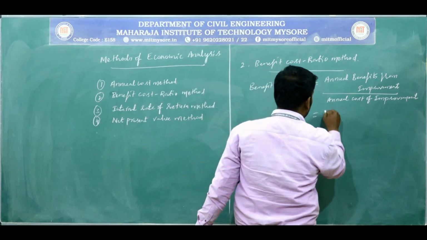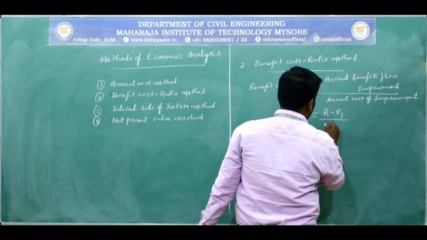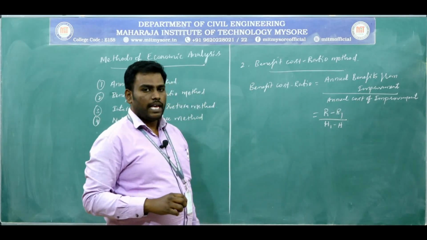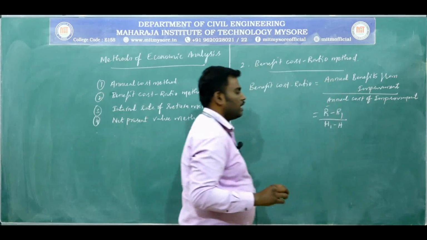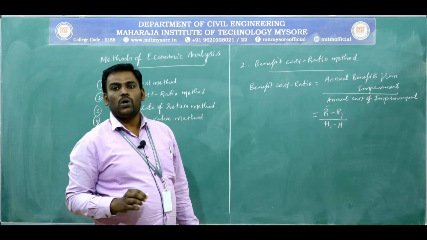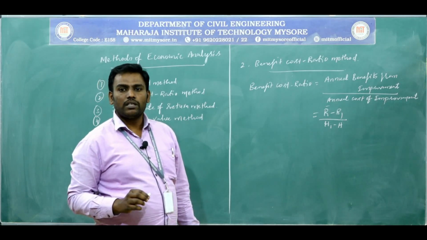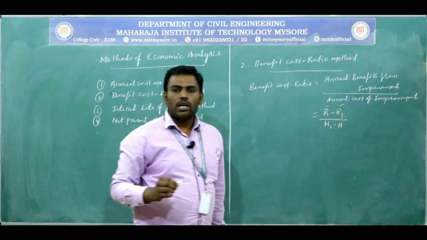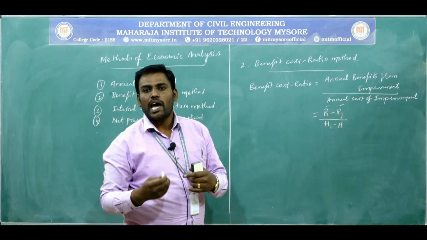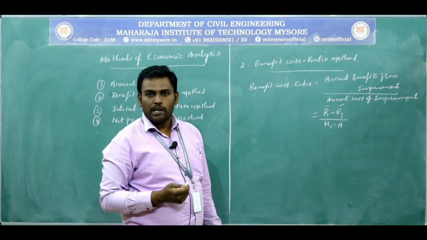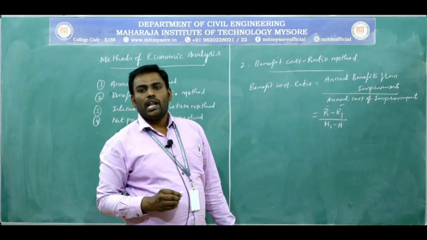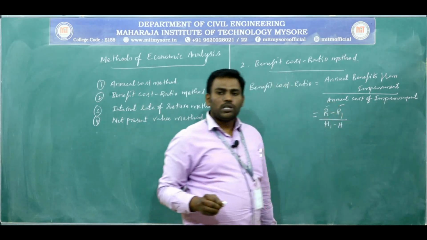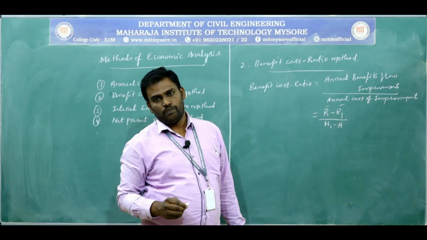That is equal to (R minus R1) divided by (H1 minus H), where R is the total annual road user cost for the existing road, R1 is the total annual road users cost for the proposed highway improvement, H1 is the total annual cost for the proposed highway improvement, and H is the total annual cost for the existing road.